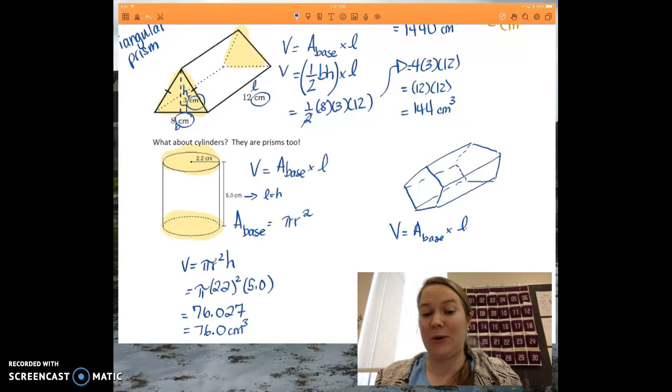And remember, we learned in the little extra lesson that was attached to 4.4 that you can find the area of any regular polygon by creating triangles from the center, finding the area of each triangle, and adding them all together. Once you have the area of the base, multiply them by the length, and you're golden. Good luck.